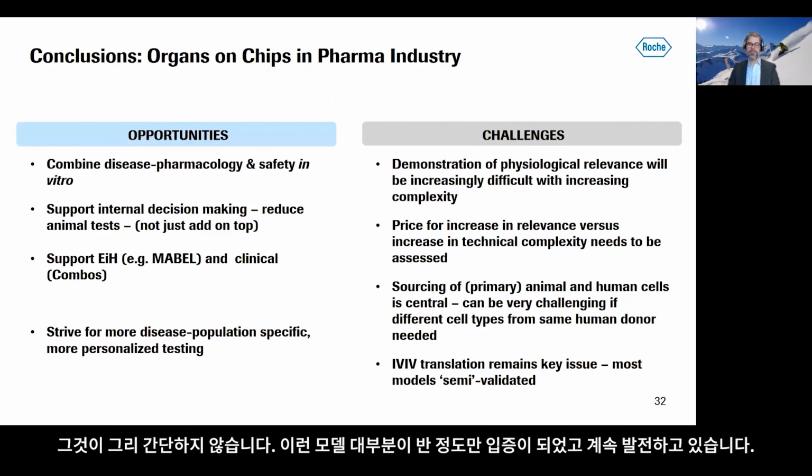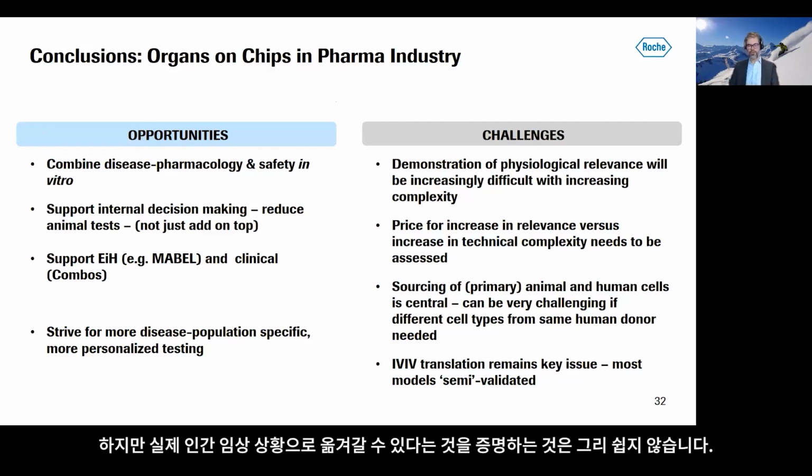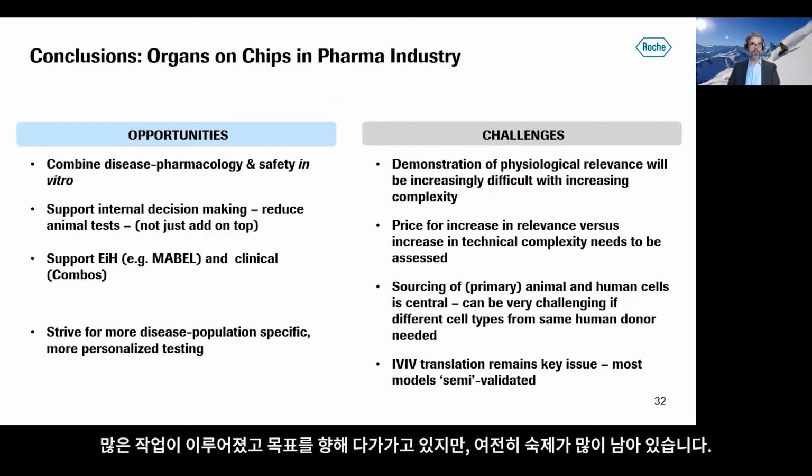And most of these models are only semi-validated. They are improving and improving, but this is not so easy just to demonstrate that actually you can translate to a real clinical human situation. A lot of work has been done, good work, and we are on track, but a lot more work needs to be done still.